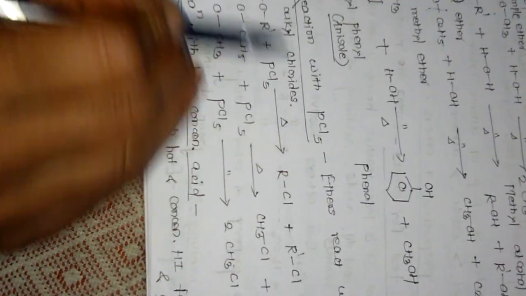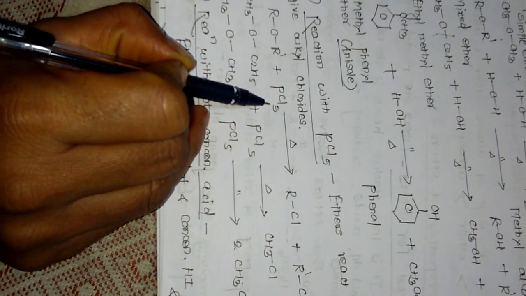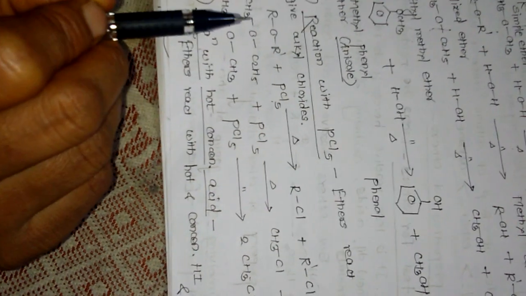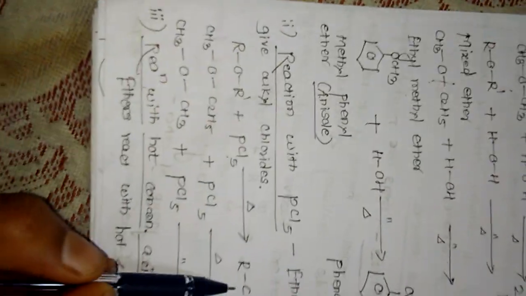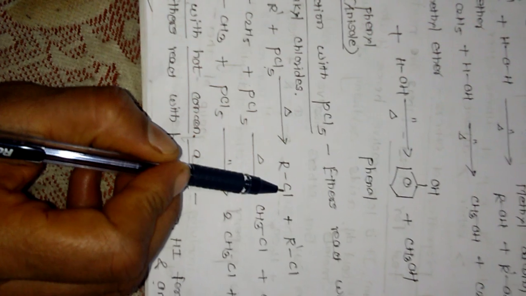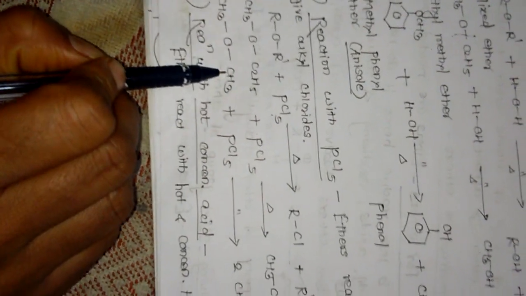Next, reaction with phosphorus pentachloride. When ether reacts with PCl5, it forms alkyl chloride. When the ether is mixed, the two alkyl halides are different. While when the ether is simple, the two alkyl chlorides are the same.